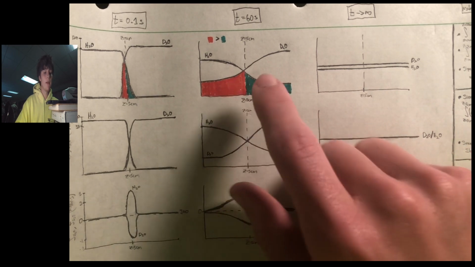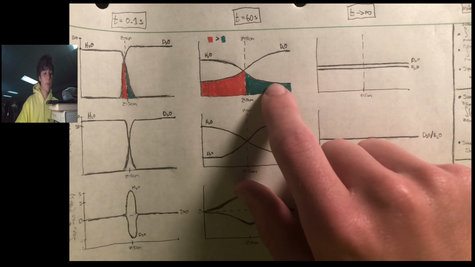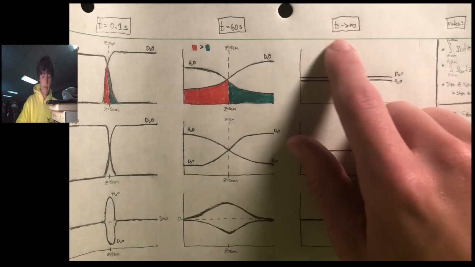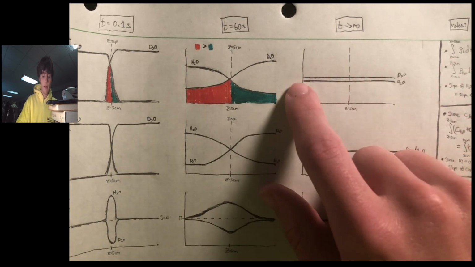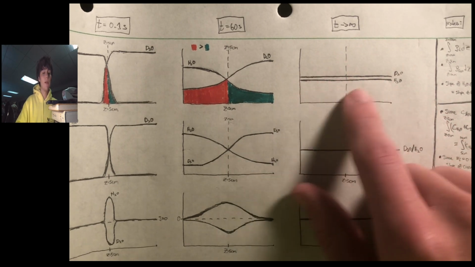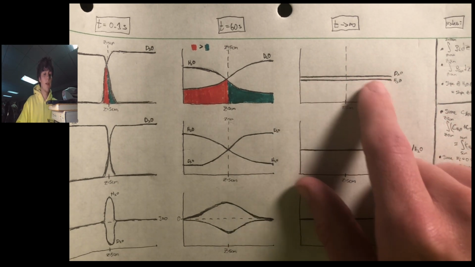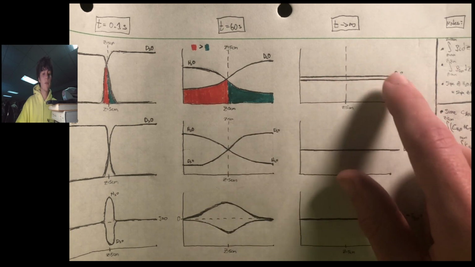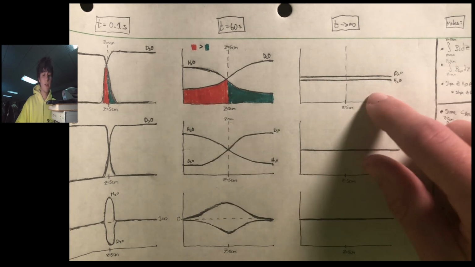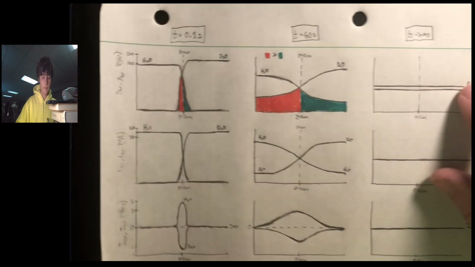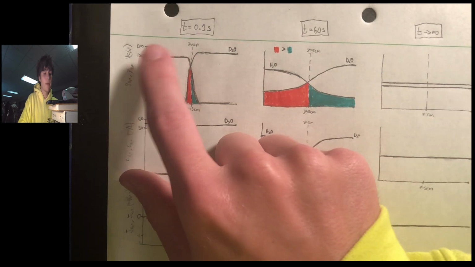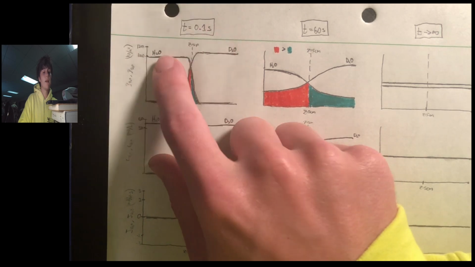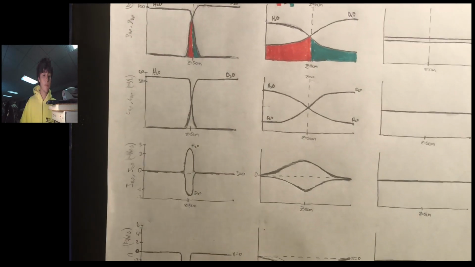So this area here is greater than this area here. And then at t equals infinity, it is at equilibrium, and there are no more concentration gradients. So the mass concentrations of the individual components are just equal to the mass concentrations at equilibrium. Whereas before up here, these were just the densities of the two components.